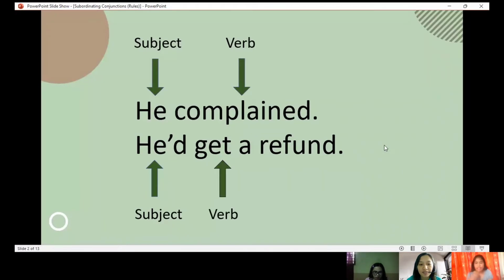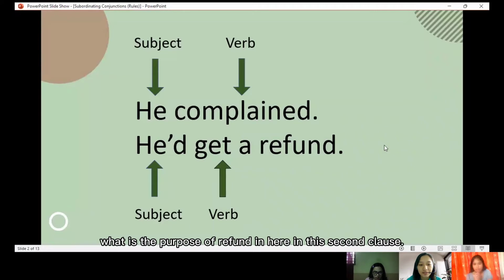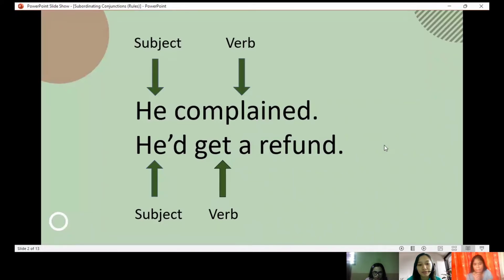That's right. What is the purpose of refund in this second clause? Lois? Refund acts as an object, ma'am. Yes, that's right.